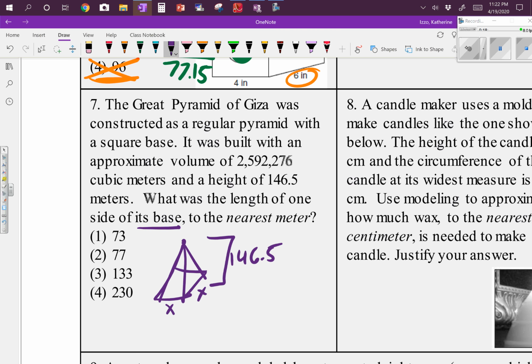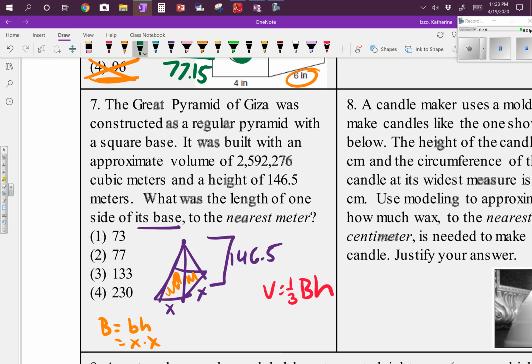Okay, so we start with the base. Volume equals 1/3 capital B times height. Capital B is going to be base times base, because we're looking at this square down here. So x times x.